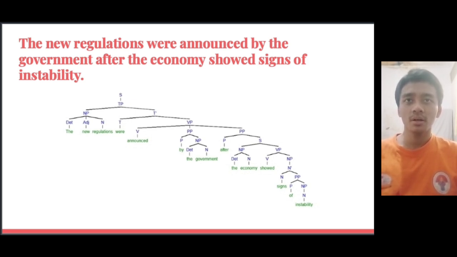The N-bar, an intermediate level in the noun phrase. The noun signs, the head noun. Prepositional phrase, of instability, modifies the noun signs. Preposition, of, introduces the noun instability. The noun phrase, instability, the object of the preposition of. The noun instability is the head noun.